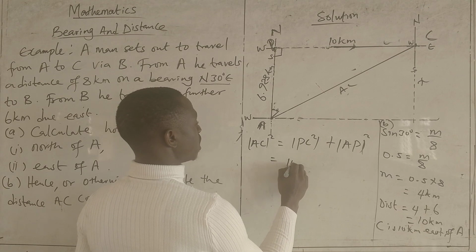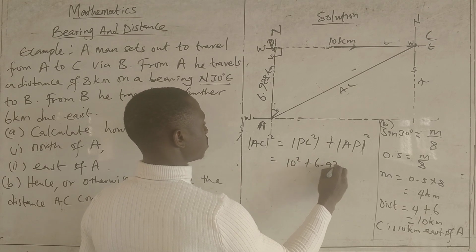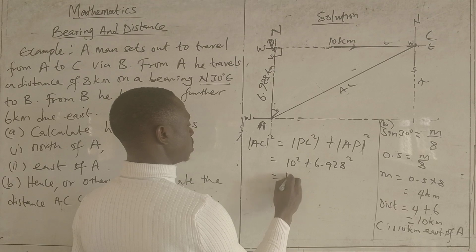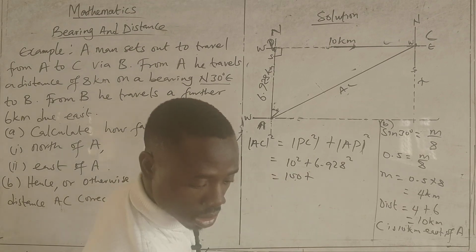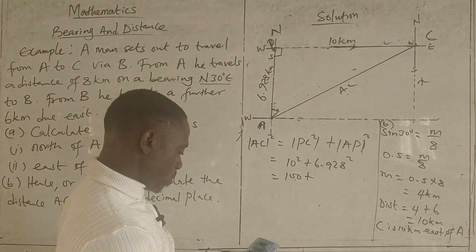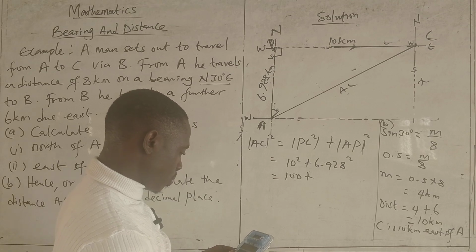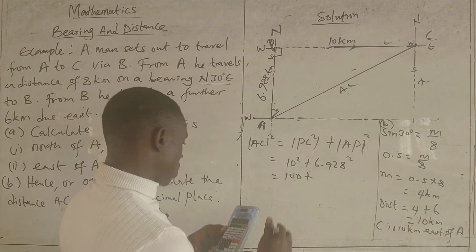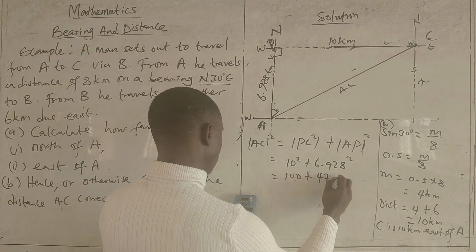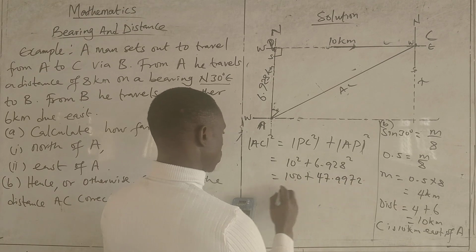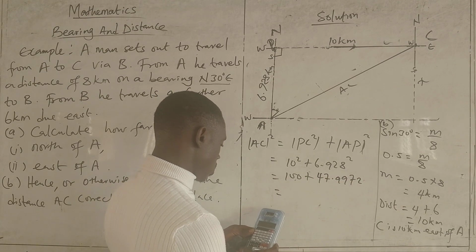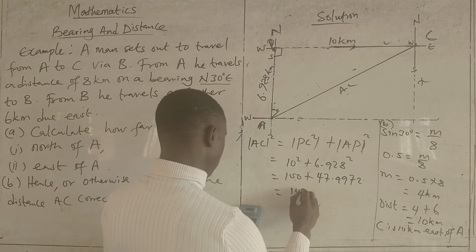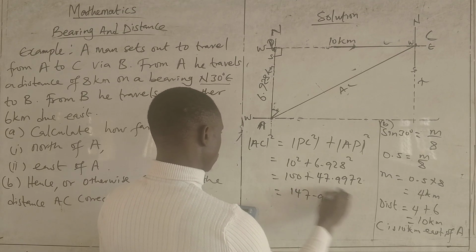Which is going to be equal to 10 square plus 6.928 square. That's 100 plus 47.9972, which is 147.9972.